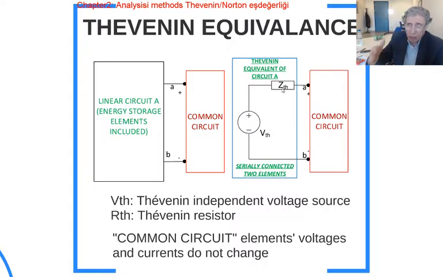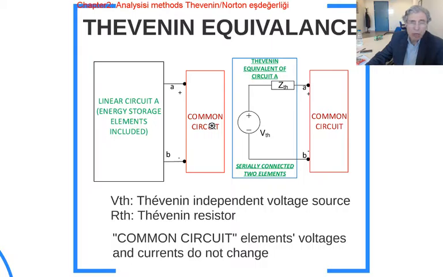Since we are in the omega domain, I said impedance. In the resistive circuits in the time domain, it was the Thevenin resistor, so I said impedance here.